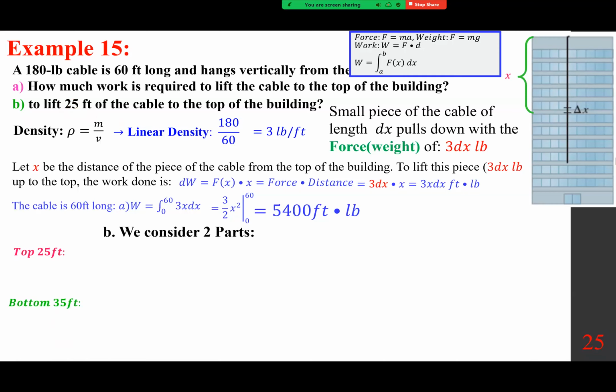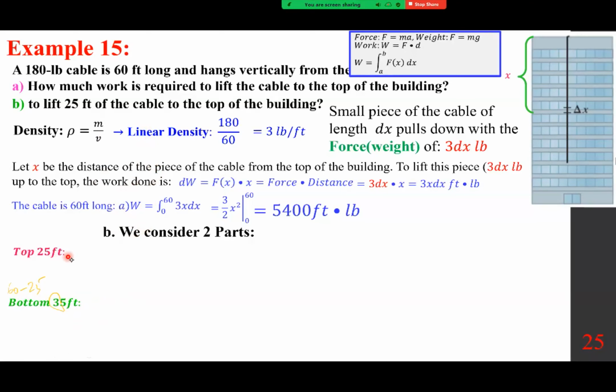I want to make sure we understand why 35. 60 minus 25 gives us 35 feet. Now you can think of this as a fixed amount, because this 35 feet, if you think of them as one piece altogether, they have to move up by 25 feet. So this is fixed, but this is not.